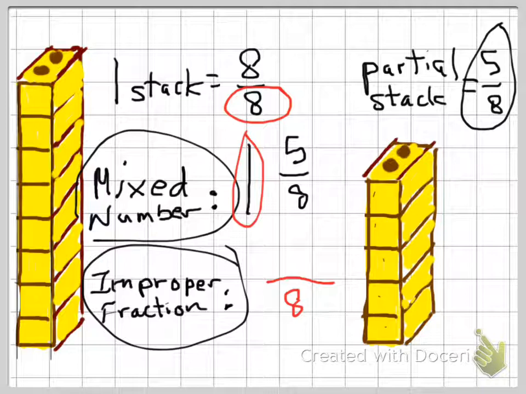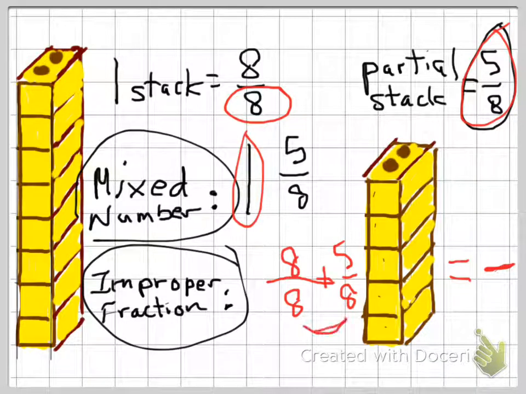It has 8 out of 8. So that's the one whole. And then we have to include the partial. So we have 8 out of 8 plus 5 out of 8. Here I'm going to put the equal sign over here. But in case it's difficult for you to know, remember when you add fractions, denominators must be the same, and the answer will still have that denominator.